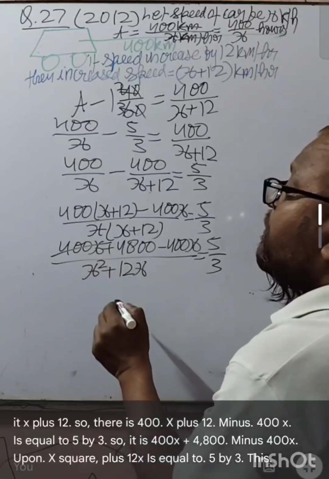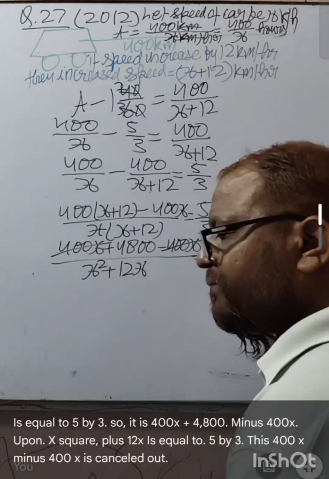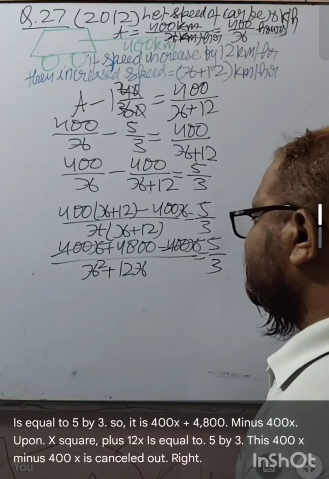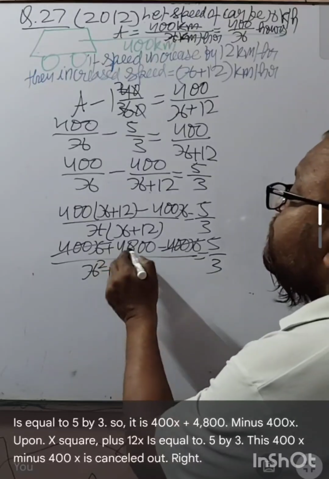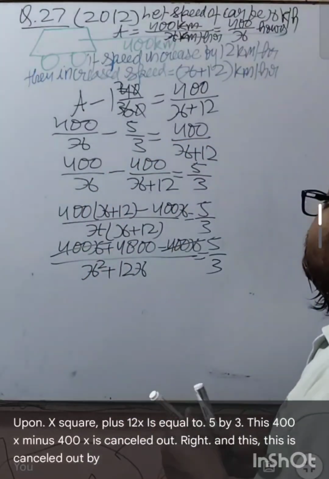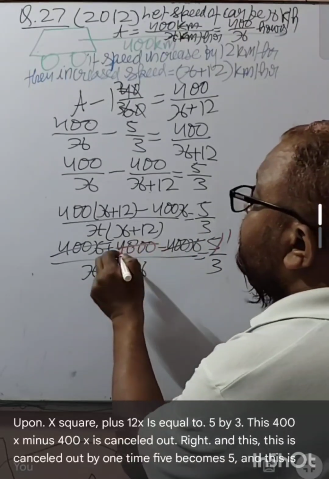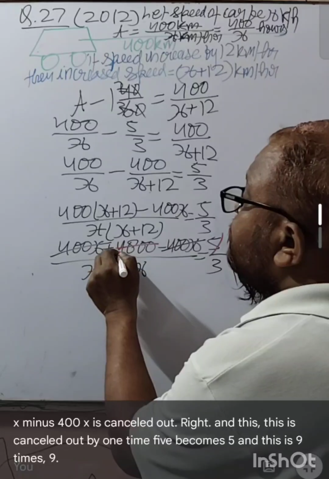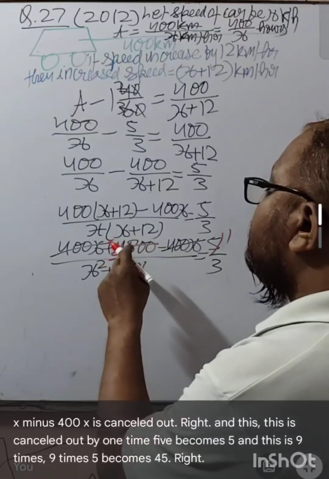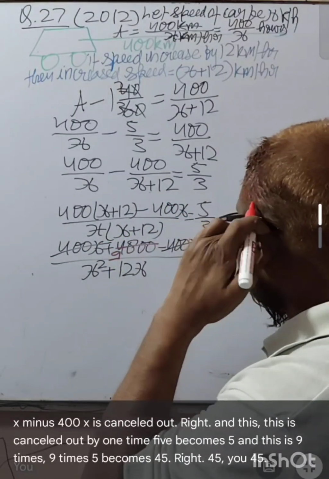This 400x minus 400x is cancelled out, right? And 1 time 5 becomes 5, and this is 9 times 5 becomes 45, right?